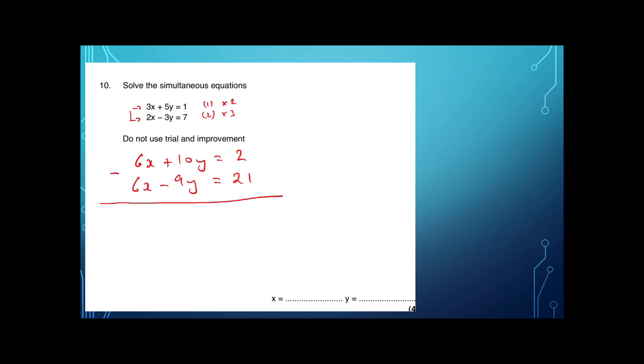Going to subtract. 6x take away 6x is 0, which is what I wanted. And then for the y's, it's 10y minus negative 9y, which is the same as adding. So that's 19y. And then it's 2 take away 21 gives negative 19. So y is negative 1.